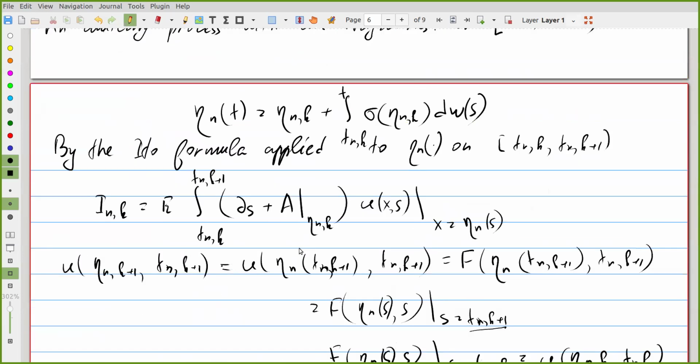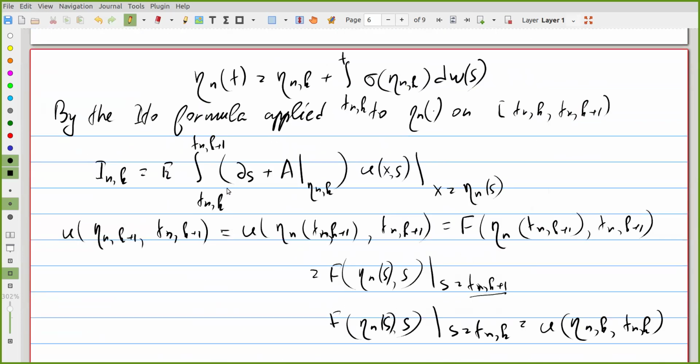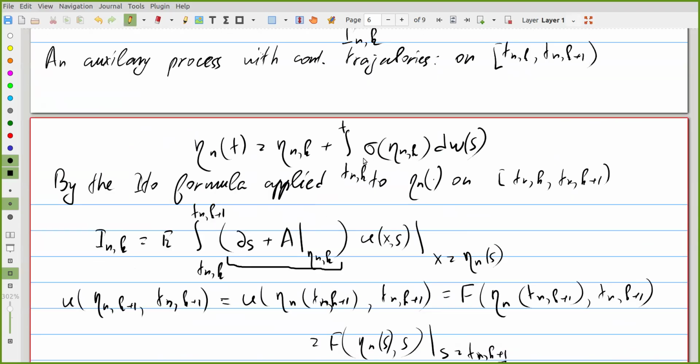And the Itô formula states that what is left is the result of this form. The expectation gets rid of the stochastic part, so we have just this derivative plus spatial derivatives. But because these coefficients are frozen, this is a typical way people refer to this operation. This is frozen.